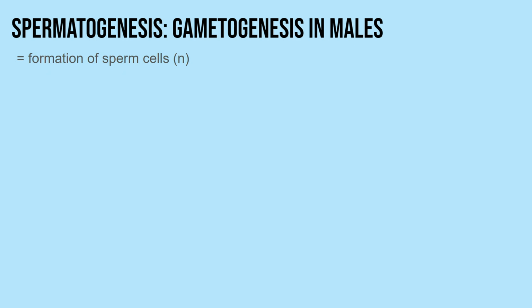So something to note in males is that we have 2 rounds of mitosis. In general gametogenesis and in females, there's only 1 round of mitosis.